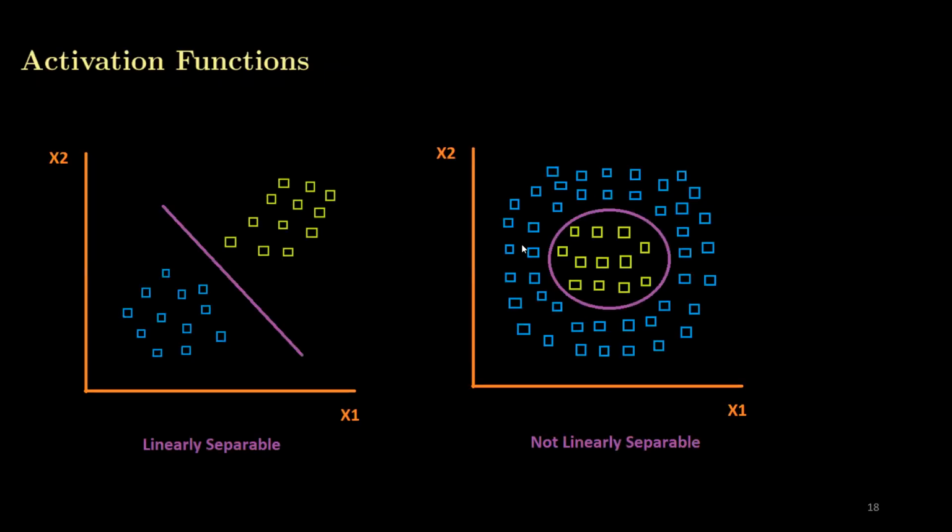So this is the situation for which we require an activation function in neural network. Here we have a simple condition where the dataset is linearly separable. Here the dataset is not linearly separable. Therefore, in this case, we need an activation function in the neural network.